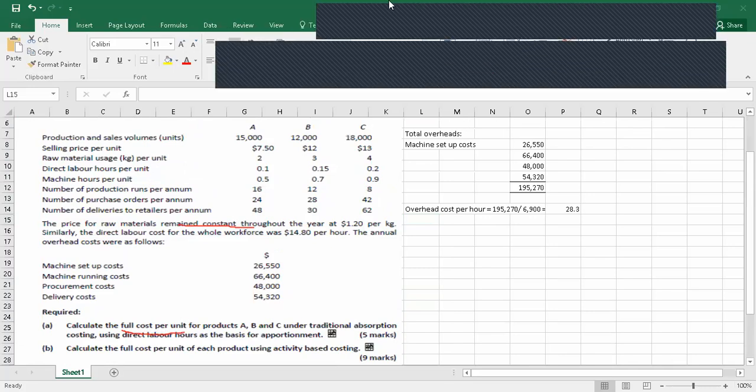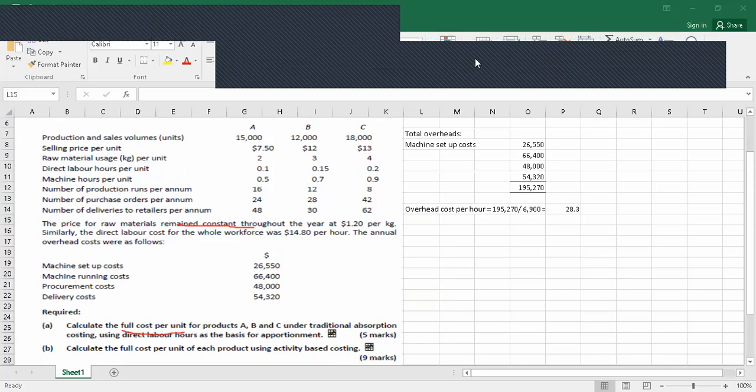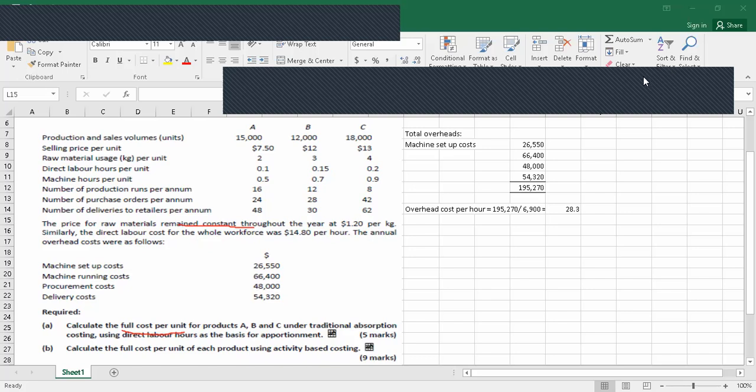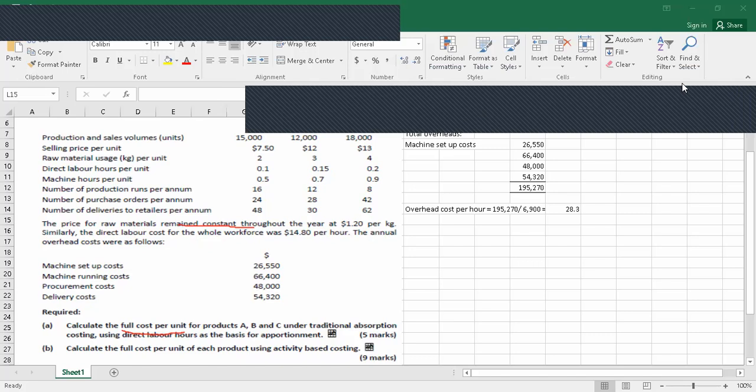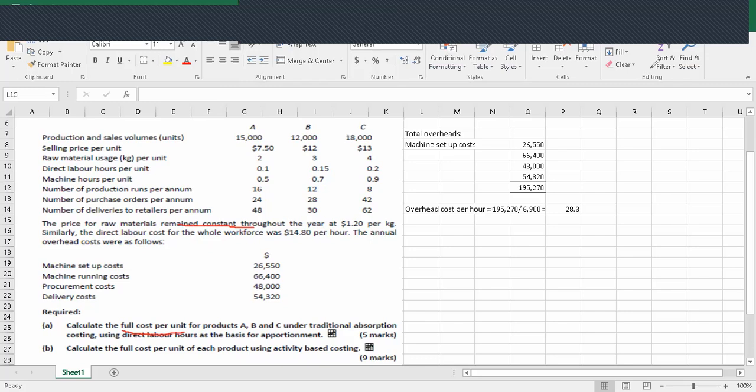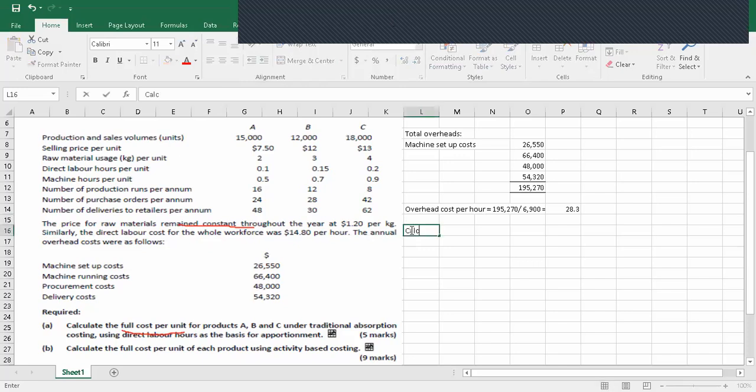So for full cost, we would have material cost, labor cost, and after that, the production overheads. So let's first write what the direct material or raw material is.